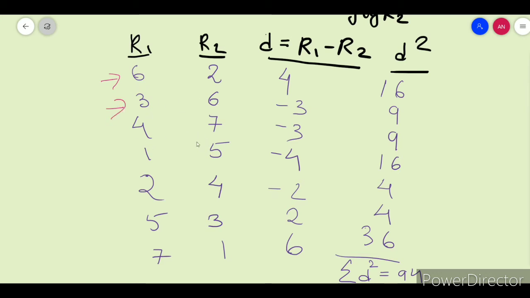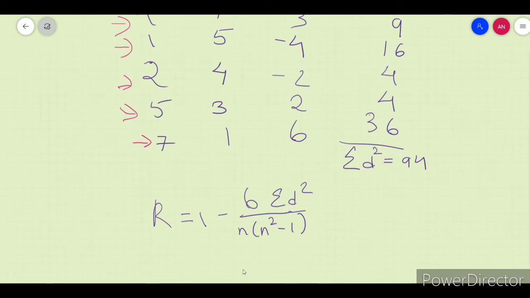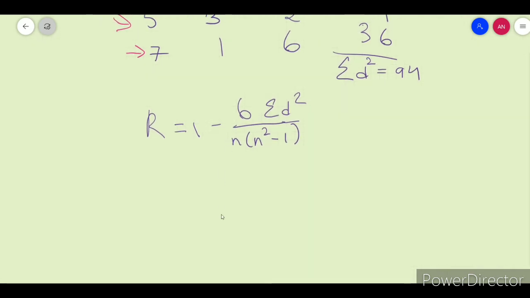So if we add all the pairs of ranks we have in this sum, the number of pairs here is equal to 7. So there are 7 pairs of ranks or values in this sum.